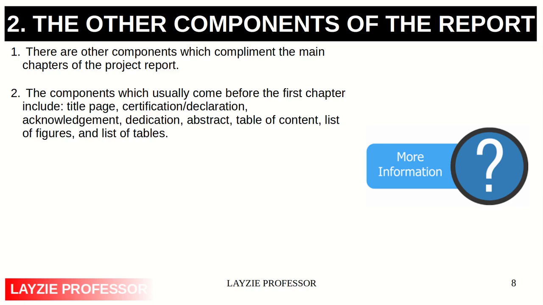And then for the dedication also, you are supposed to write a very brief statement as to who or what institution you've dedicated your work to. People may dedicate their work to their parents, their siblings, their family members, or some institution that helped them, in cash or kind, to accomplish the project work.